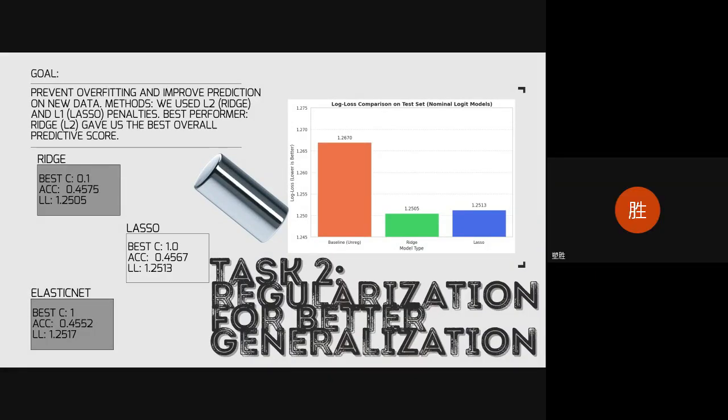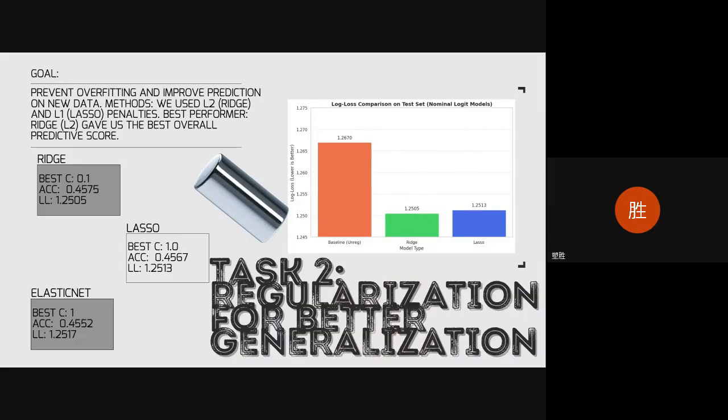Yes. So for task 2, we applied L1 Lasso, L2 Ridge, and elastic net penalties. The goal was to tune the strength of the penalty represented by C using the validation set to find the lowest possible log loss. The key difference between the penalties is the effect on the coefficients. Ridge shrinks all coefficients to make the model stable near zero, while Lasso forces weak coefficients to zero to make the model sparse.